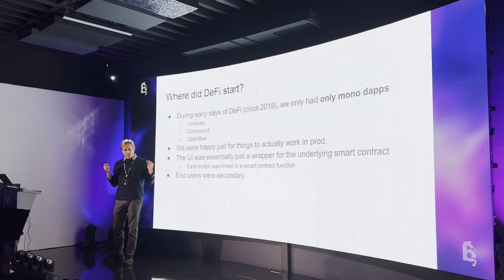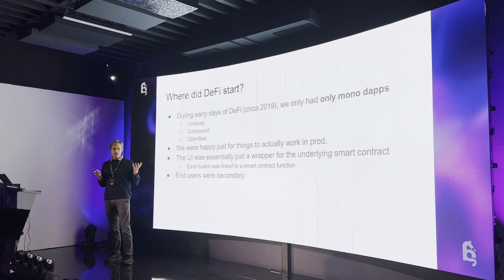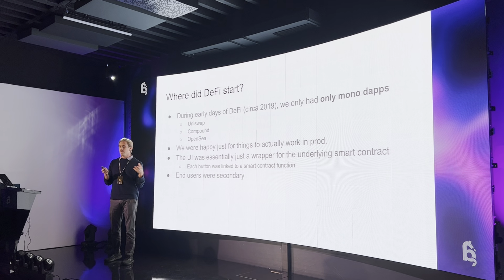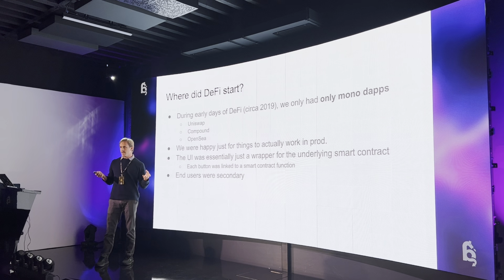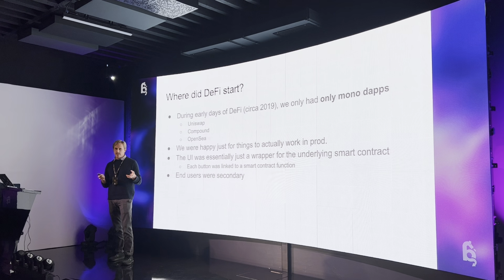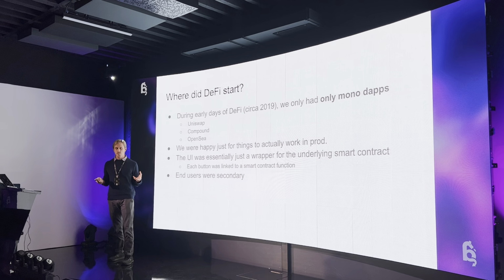And the next thing I want to talk about is, where did DeFi start? So DeFi started back in the early days, say 2019. We really only had monodApps, which is one interface per smart contract. And the protocols that were around then that are still very, very relevant today include Uniswap, Compound, and OpenSea.